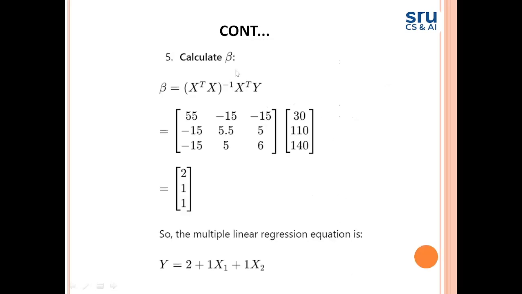Now we calculate beta using the equation (x transpose into x) whole inverse into x transpose into y. When we compute this, we get the multiple linear regression equation. We put all these values: 2 plus 1 into x1 plus 1 into x2.